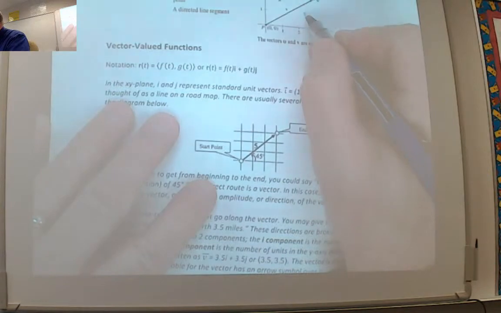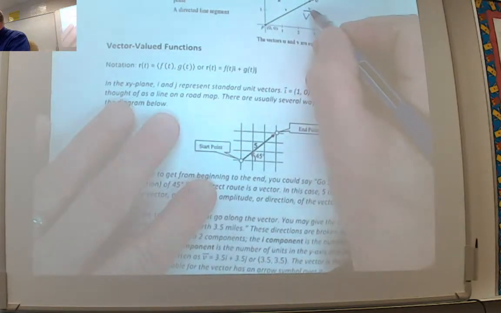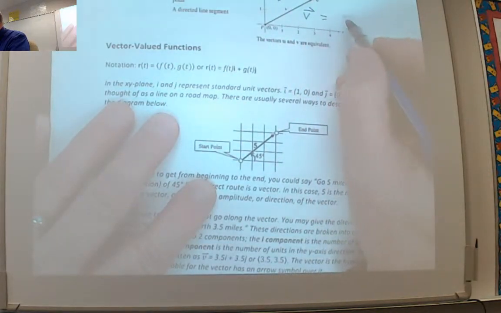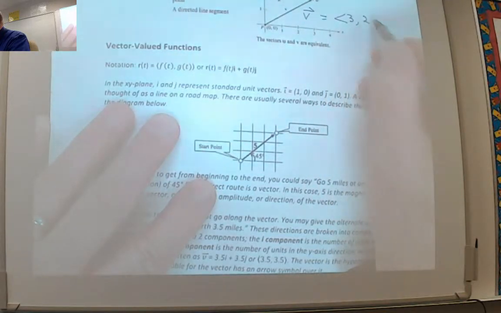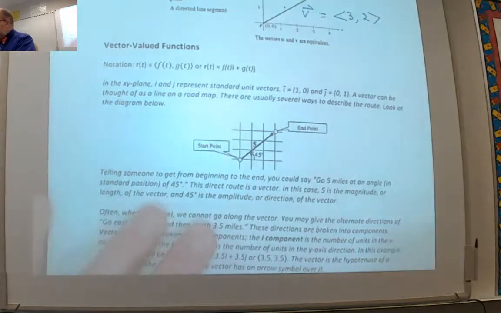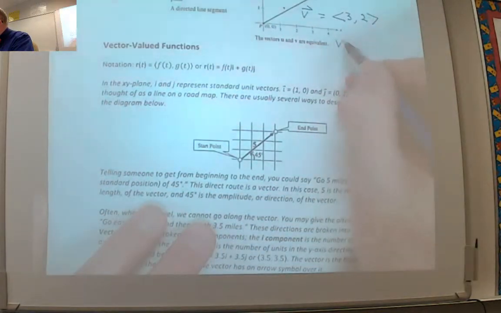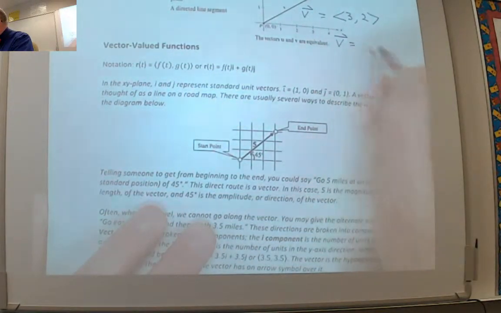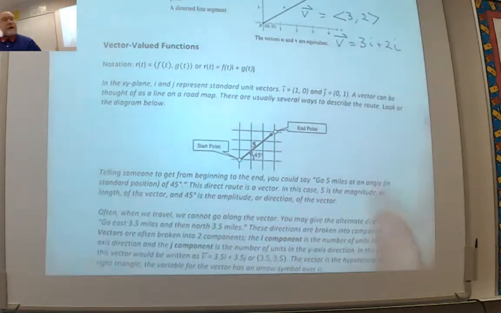This vector V, which I write like that, could be written in this form, or it could be written in this form. They're equivalent forms. And I'll talk about i and j in a second.